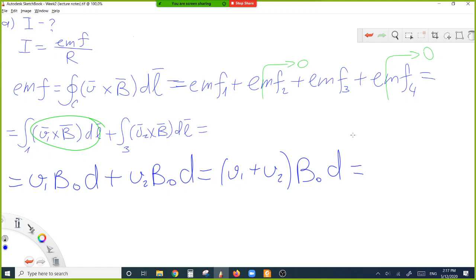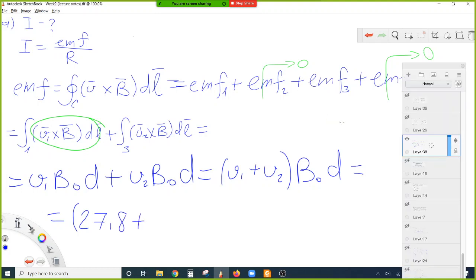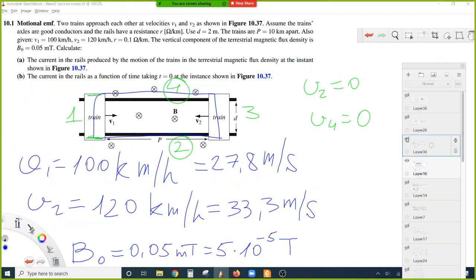And if we put numeric values, v1 was equal to 27.8 plus v2 was equal to 33.3.